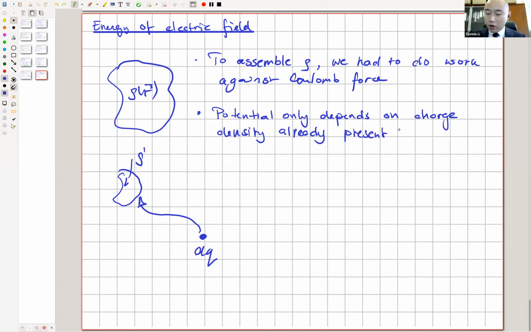So the potential that this small dq has to go through in order to reach rho prime only depends on rho prime. Putting it closer does not change the potential that this rho prime creates.